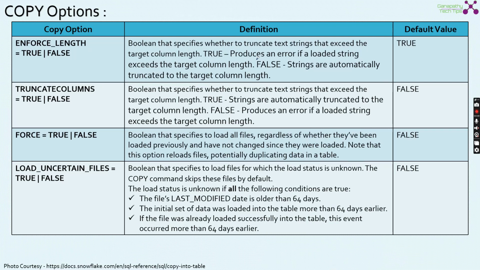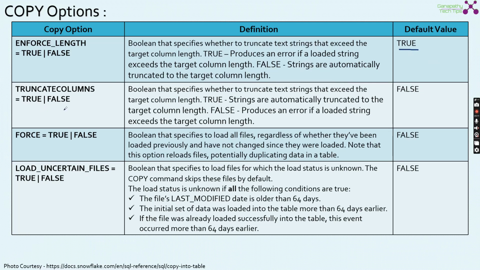If you define it as true, it produces an error if the loaded string exceeds the target column length. If it is false, strings are automatically truncated to the target column length. Default value is true. So by default, if you keep it as true and if you try to load the data in a bigger or a smaller sized data type, automatically it will throw an error.